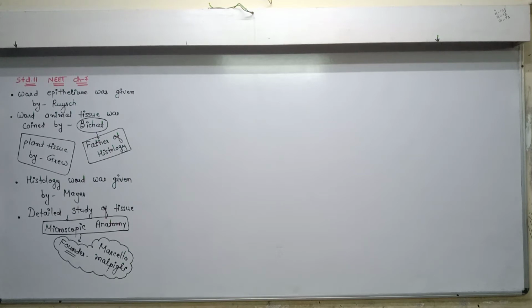Power of regeneration is present in this tissue, while power of regeneration is absent or least is found in nervous tissue.